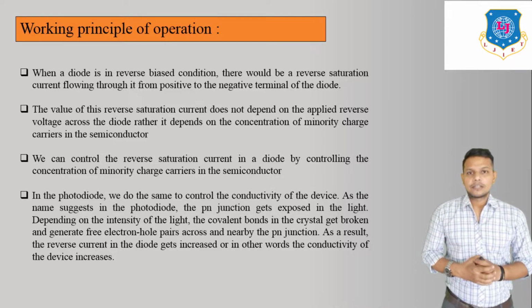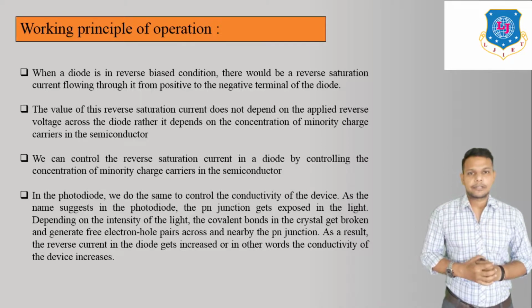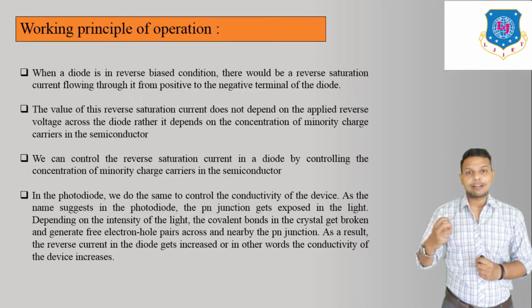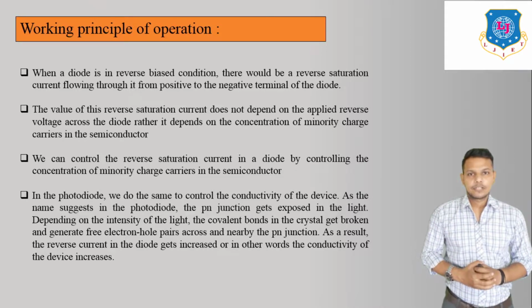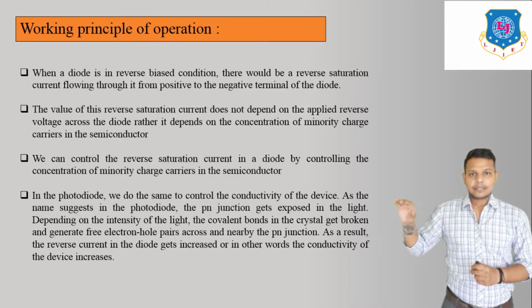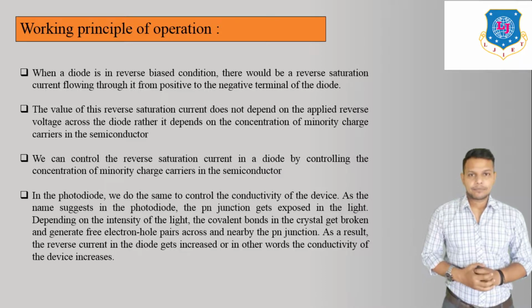That means the intensity of light is directly proportional to the photocurrent. If the intensity of light is higher, the photocurrent is higher. In this manner, photocurrent flows in this circuit diagram.